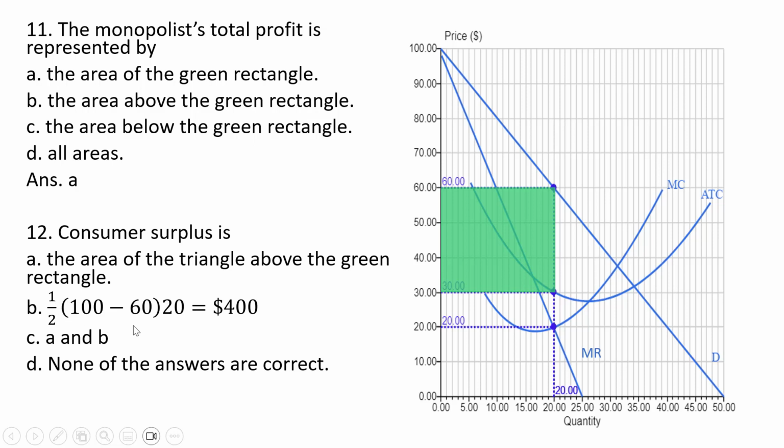So here's the 1/2. We can think of the base as 100 minus 60 or 40 units, and the height of this triangle as 20 minus 0 or 20 units. So consumer surplus is $400. So the answer here is going to be A and B, or answer C. Moving on.